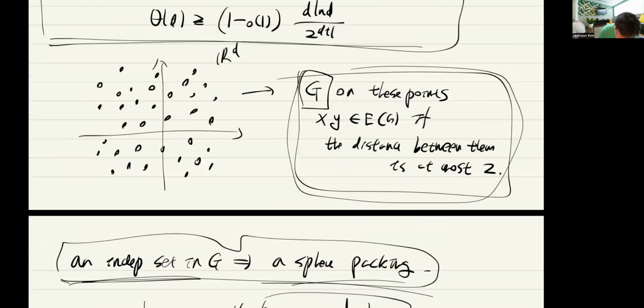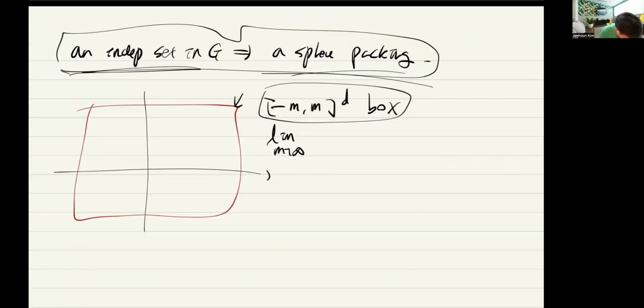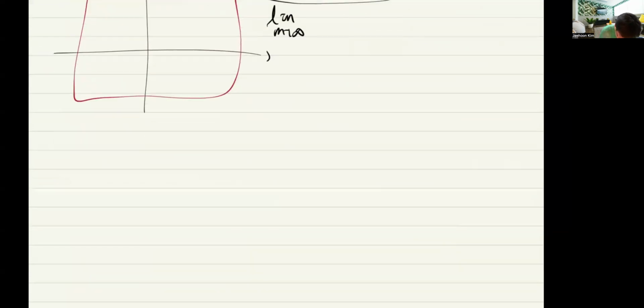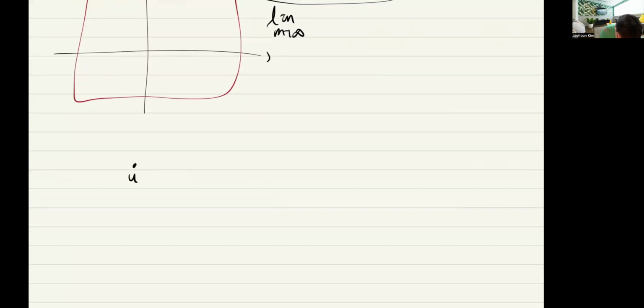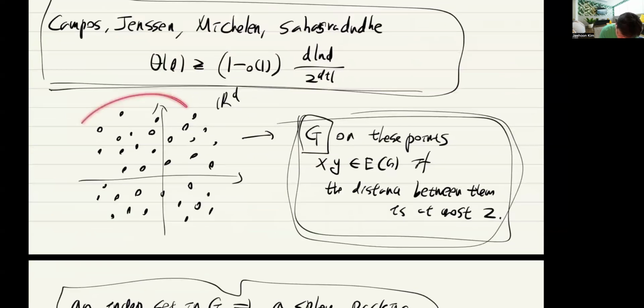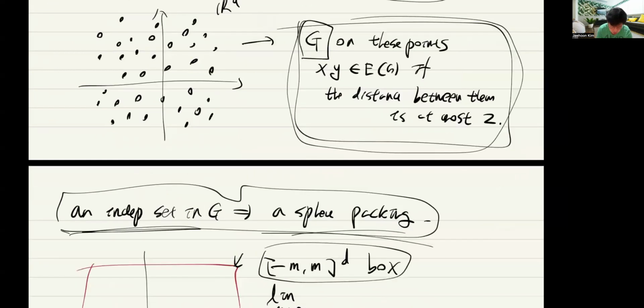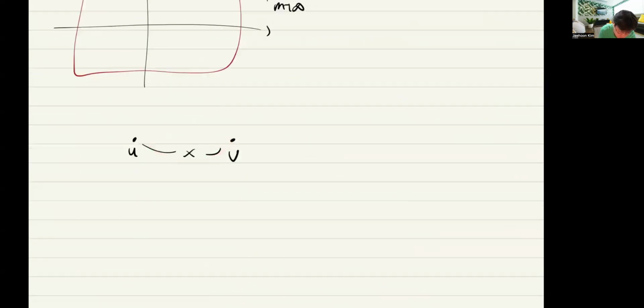What you can do here is that if you have some vertex u and some vertex v, and the distance between them is x, then when you sprinkle the points, you can make sure that the distance between them is somewhat controlled. There is no case that they are too close, so their distance has a lower bound.